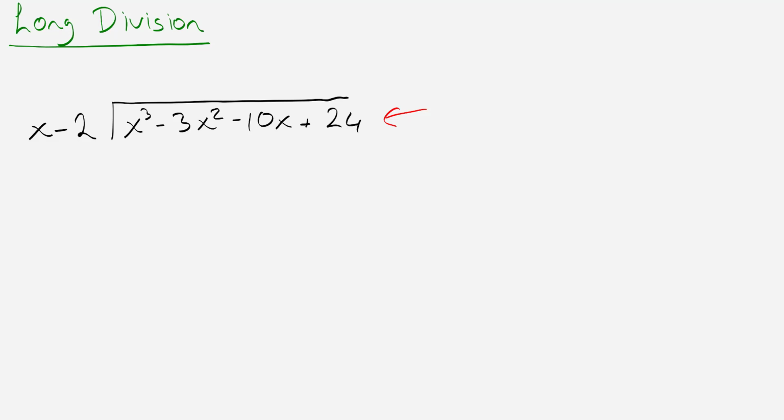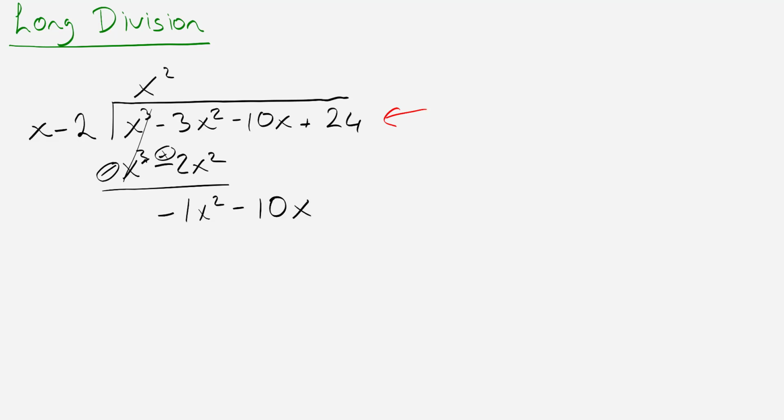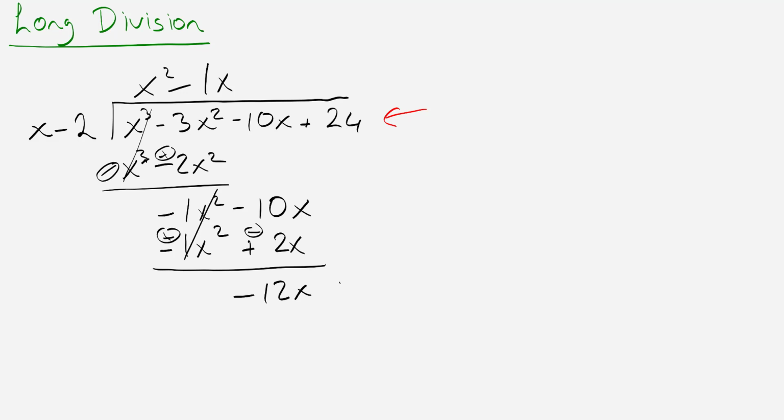So then we do our long division, x into x cubed, we get x squared times x is x cubed minus 2x squared. So we've got minus 1x squared minus 10x, x into minus 1x squared, minus 1x. X into minus 12x, that's minus 12.